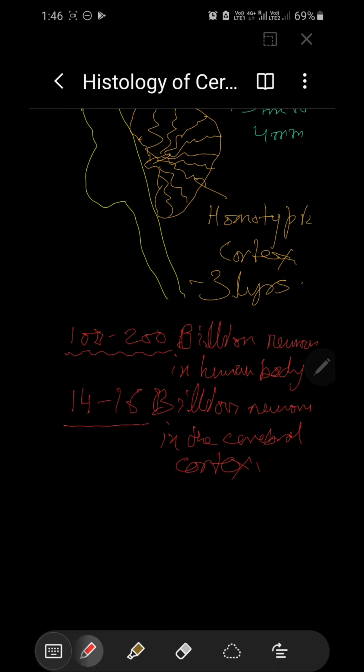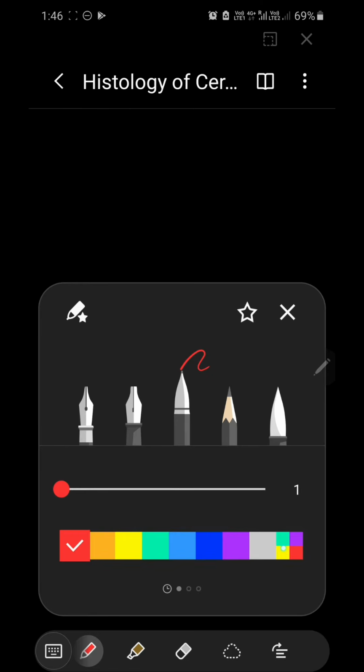The cell size I'll tell you when I'll be teaching you about the histological slides. Now I'll be teaching you about the histology of the cerebral cortex. Okay.